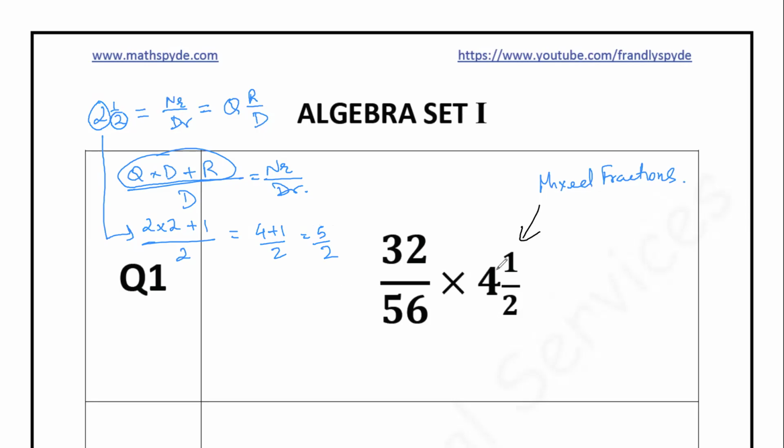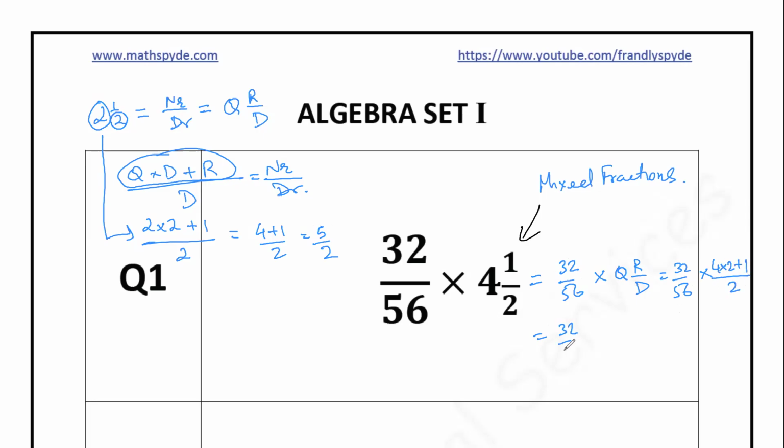So you get 2 into 2, 4 plus 1 upon 2, which is 5 by 2. So if I'm looking at 4.5, you have 32 upon 56 into, you have the quotient remainder upon divisor. So that quotient remainder upon divisor is nothing but 4 into 2 plus 1 upon 2.